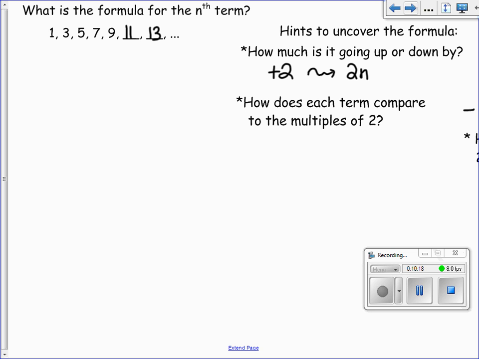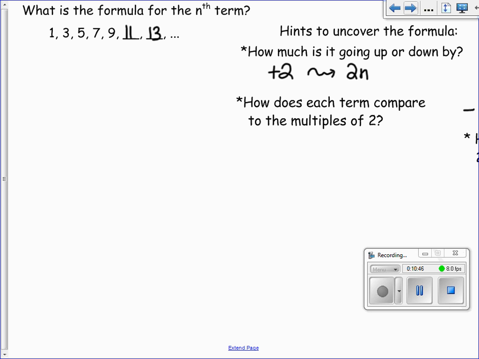Because I figured out that we've got multiples of 2 going on in here, we want to ask how this new sequence compares to the straight multiples of 2. Because I've got the up-by-2 thing going on, I think that this is multiples of 2. You want to compare it to the straight multiples of 2.